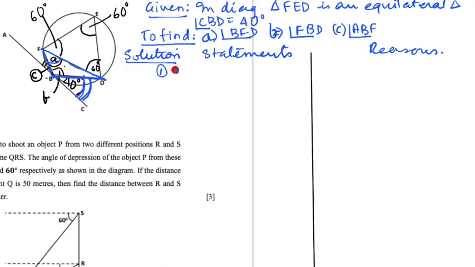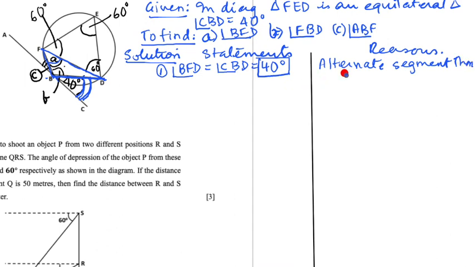So your A, angle BFD, will be equal to angle CBD, which is equal to 40 degrees. This is the alternate segment theorem, and that is our answer A. So we got our first answer already. This A is our 40 degrees.